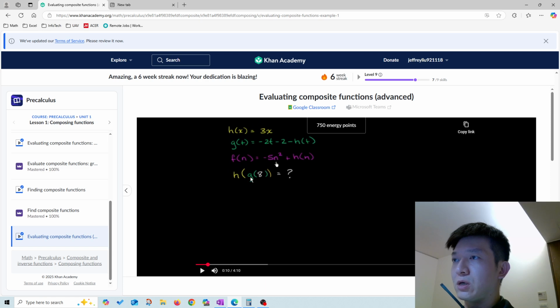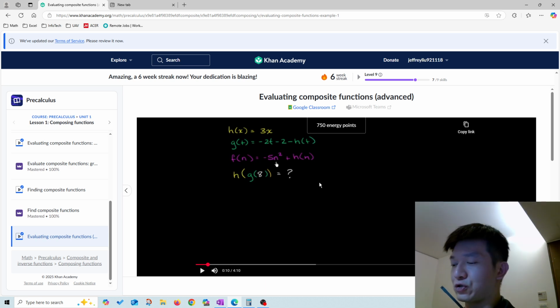So g of 8, you plug in the 8, but this will become h of t, okay? h of t, which is where you get your answer here, right? So you plug in the 8 here, it is 24.